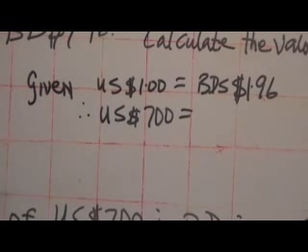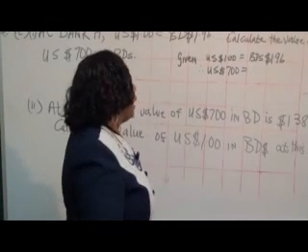Would $700 give us more or less? More, it is more. And when the answer is more, what do we know the operation has to be? It has to be multiplication, because we are multiplying. You see how the word just comes in? Right, okay, so it is multiplication.